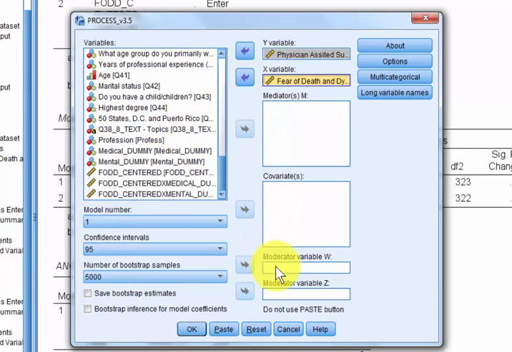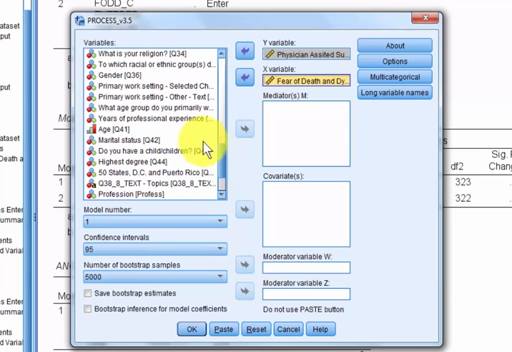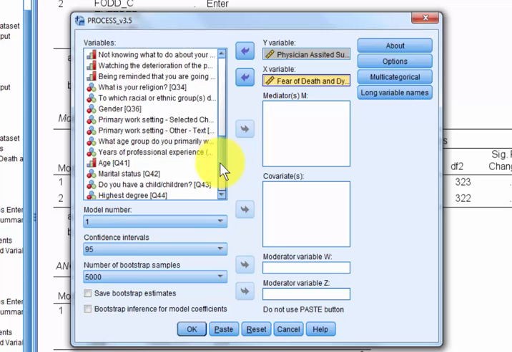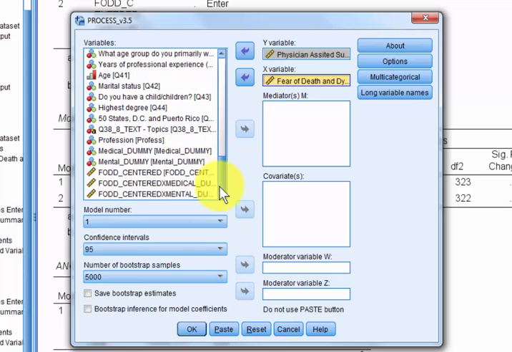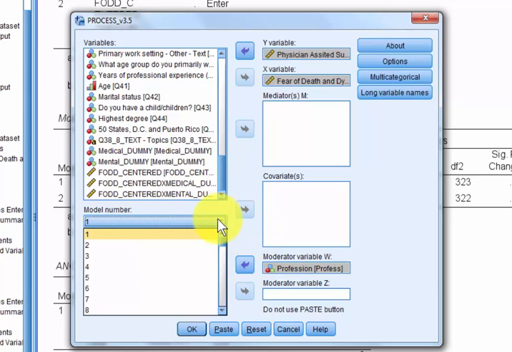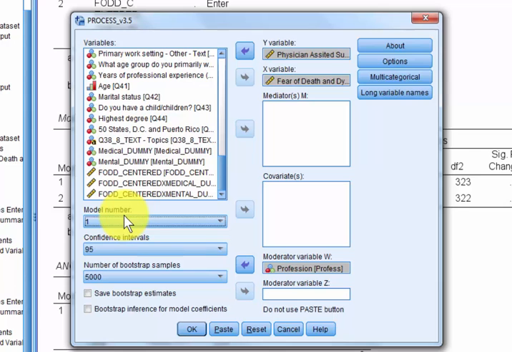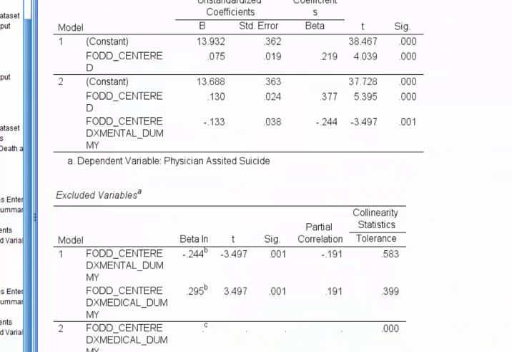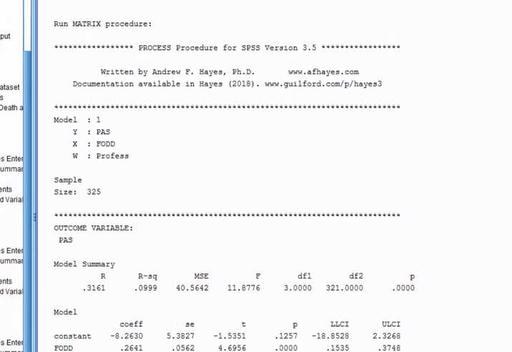And down here it says moderator, and we're going to put the moderator in as the professions. We just stick that in there like that. Now, because this is model number 1, that means it's going to check for moderation only. Now here comes the cool part. Click OK. Wait a minute or two. All right, and that was literally 2 minutes.